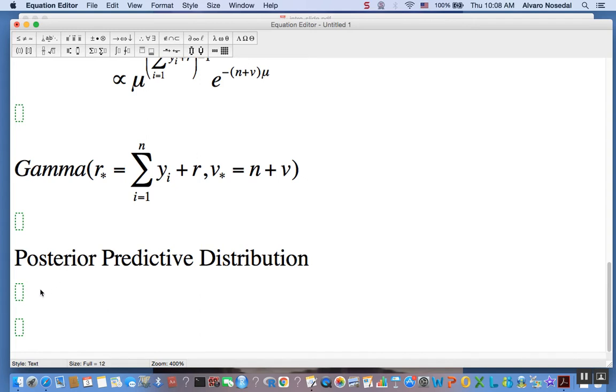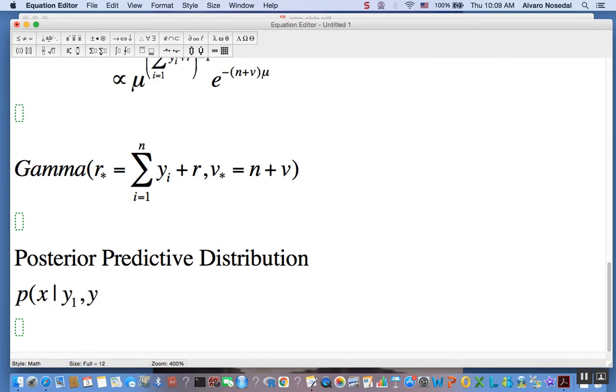What we did in that video was use the definition: the probability of observing a value for a future sample of size n star, so the probability of observing the value x given that we have information coming from a sample.